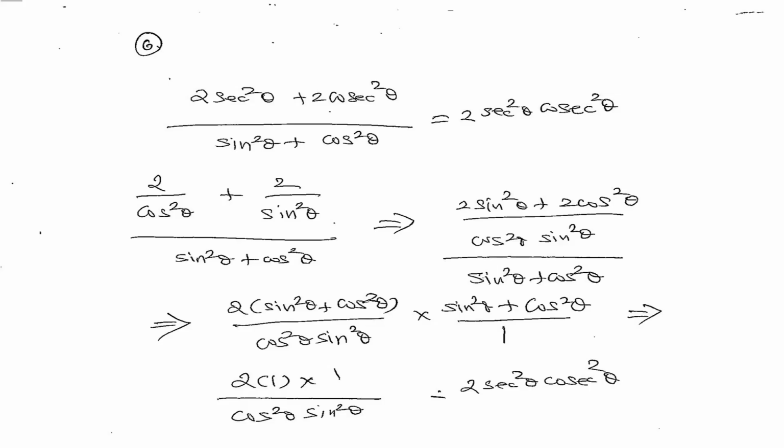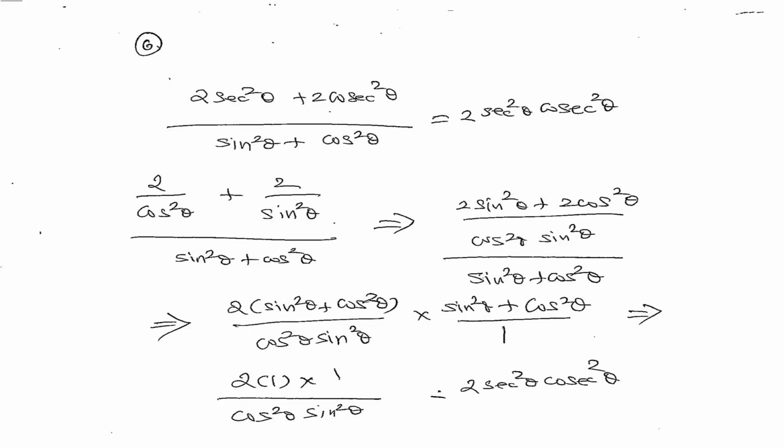Therefore, we play within sin and cos to get the result. So (2 by cos squared theta plus 2 by sin squared theta) by (sin squared theta plus cos squared theta) gets extended to (2 sin squared theta plus 2 cos squared theta) by (cos squared theta sin squared theta) in the numerator, and sin squared theta plus cos squared theta in the denominator remains the same. In the next step, we take 2 common out.